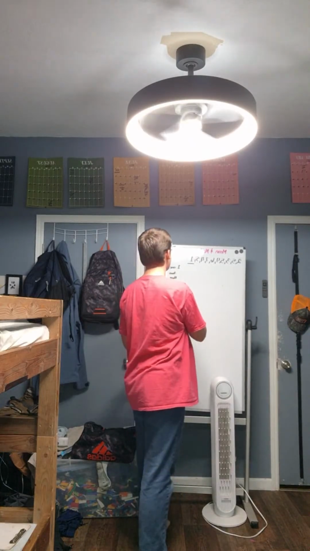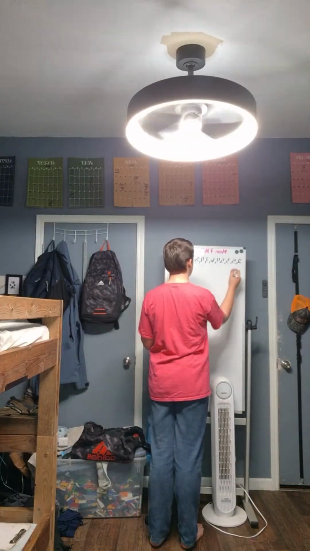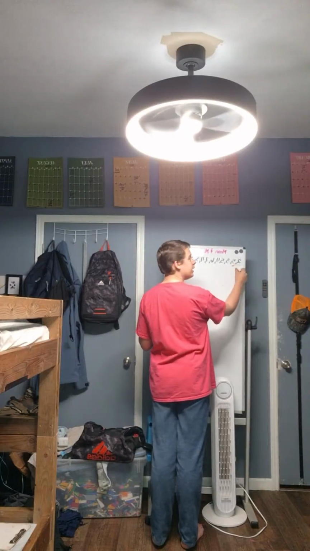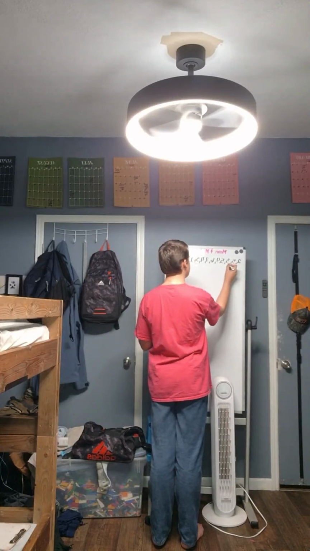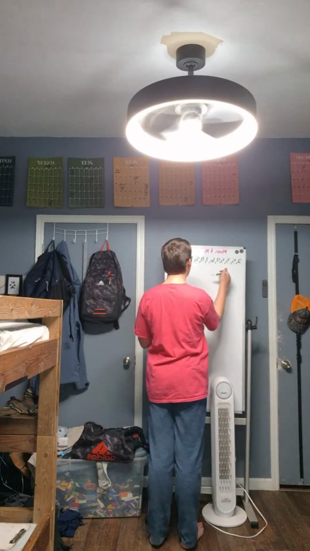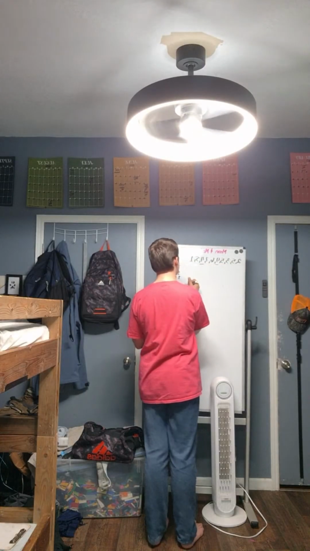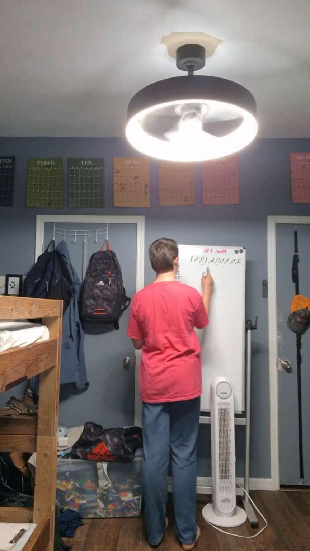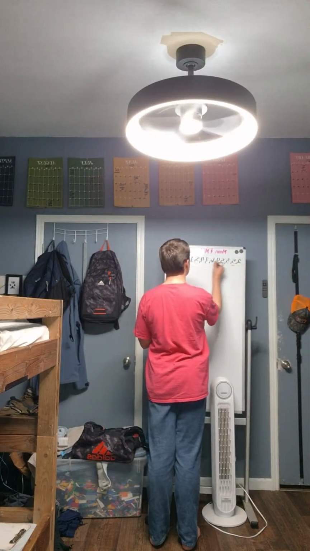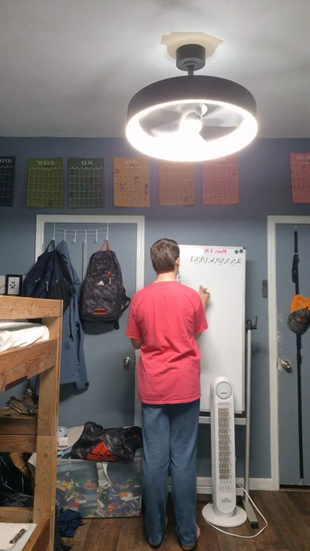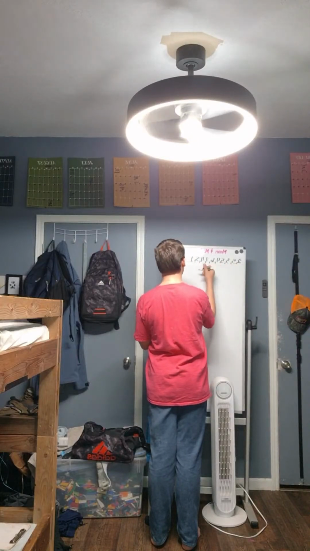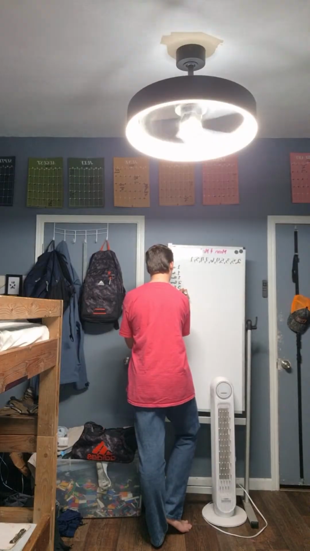How many 2s do you see? 2. How many 3s do you see? 1. How many 4s do you see? 2. How many 5s? 3. How many 6s? 1. And 7s, 1.